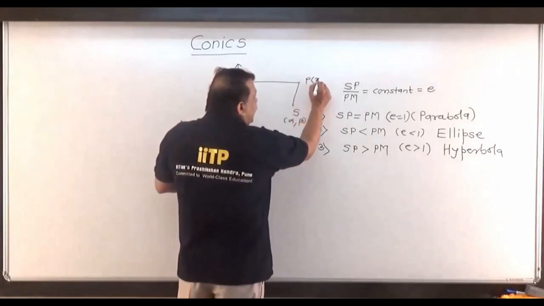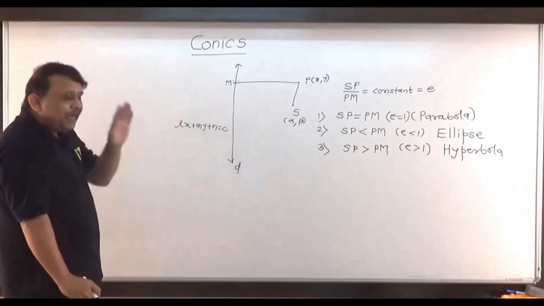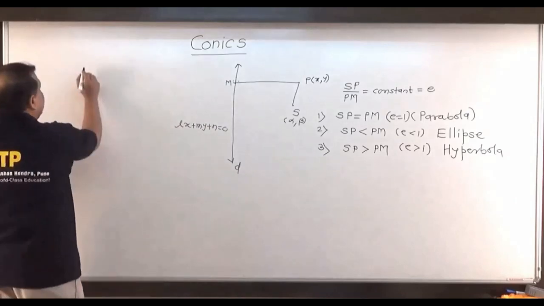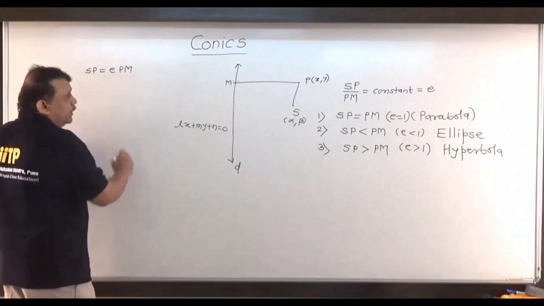Suppose the point P is (x, y), any point of the conic. So it will satisfy the condition SP = E times PM.